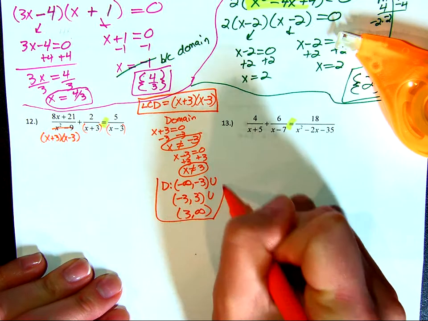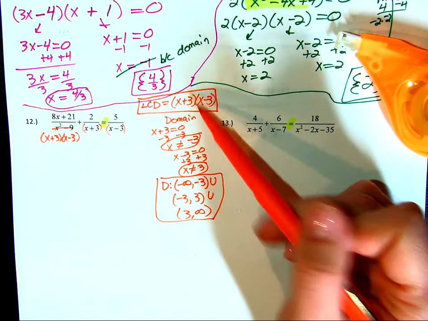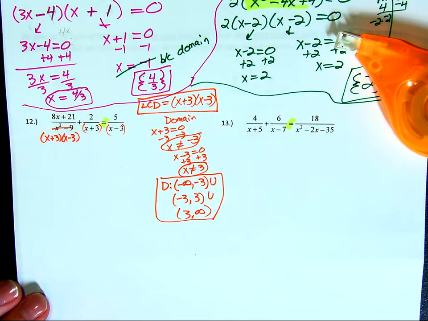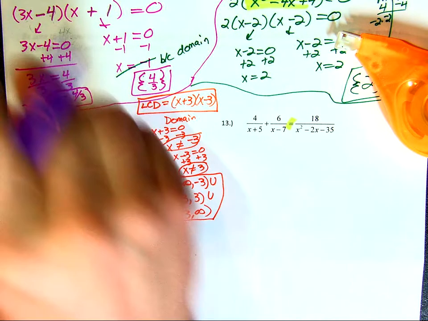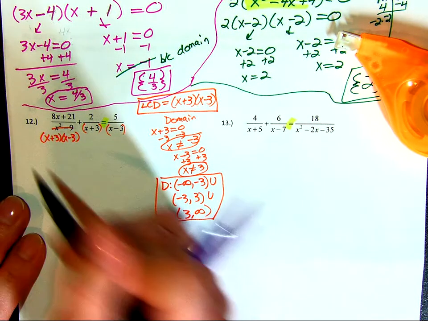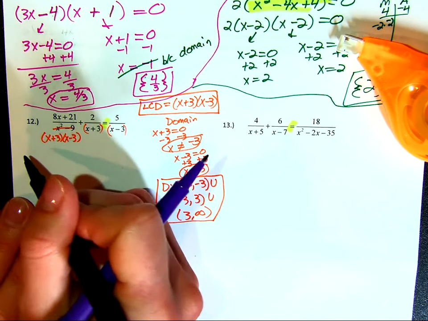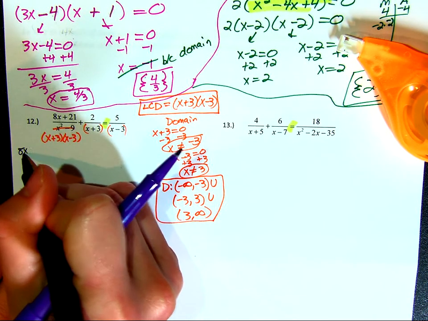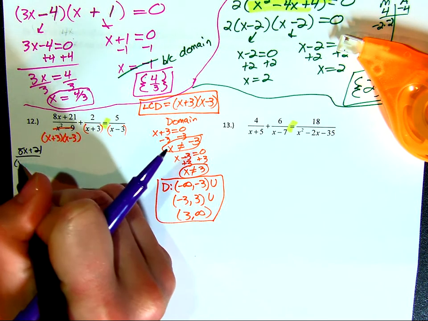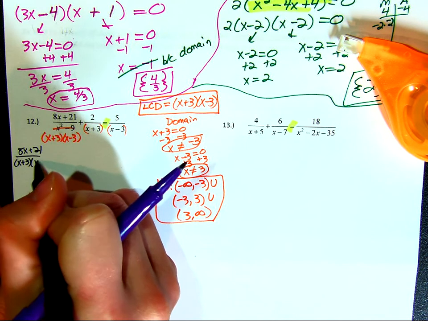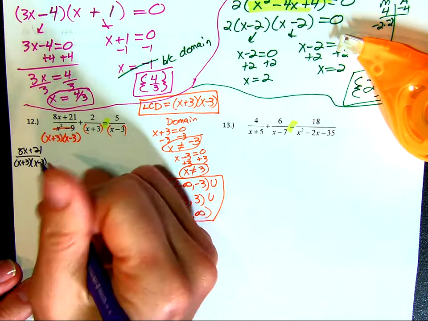So now we have our LCD, we have our domain, and now we can go ahead and start solving this problem. So we're going to bring down our first piece, which is 8x plus 21 over x plus 3, x minus 3. And we're going to multiply that by our LCD, x plus 3, x minus 3.